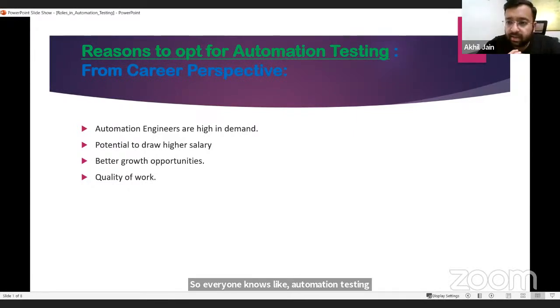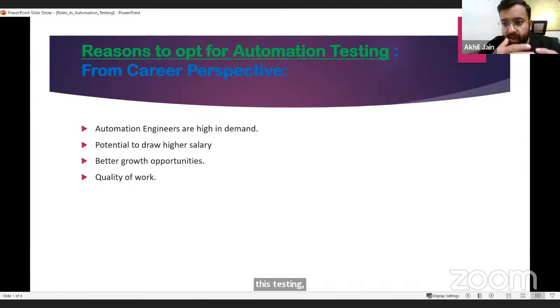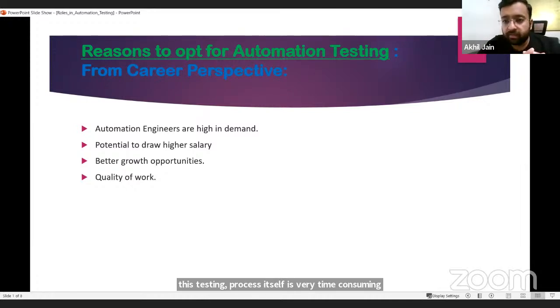The reason is, first of all, it really helps the project. Don't consider the benefits on your end, but do consider it from the employer side or the project side. Why do they want to hire someone who can work on automation testing? First, the testing cycle or testing process itself is very time consuming in terms of getting the quality checks done.